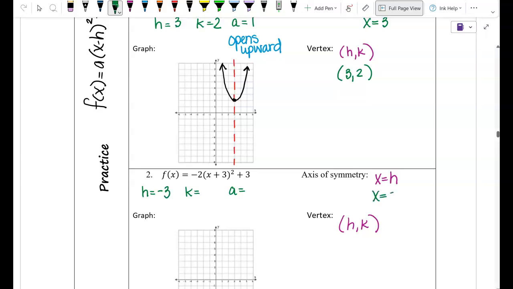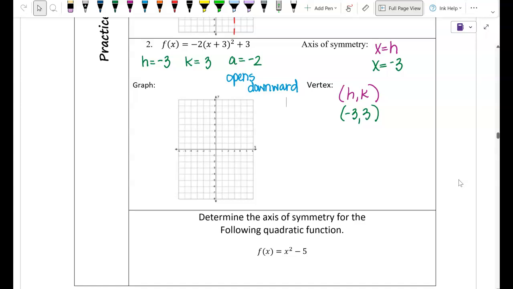So our axis of symmetry is going to be x equals negative 3. What is the value of k? 3. So my vertex is the ordered pair negative 3, 3. And what is my value of a? Negative 2. So which direction does this open? This is going to open downward. So now I can use all that information to do a rough sketch.